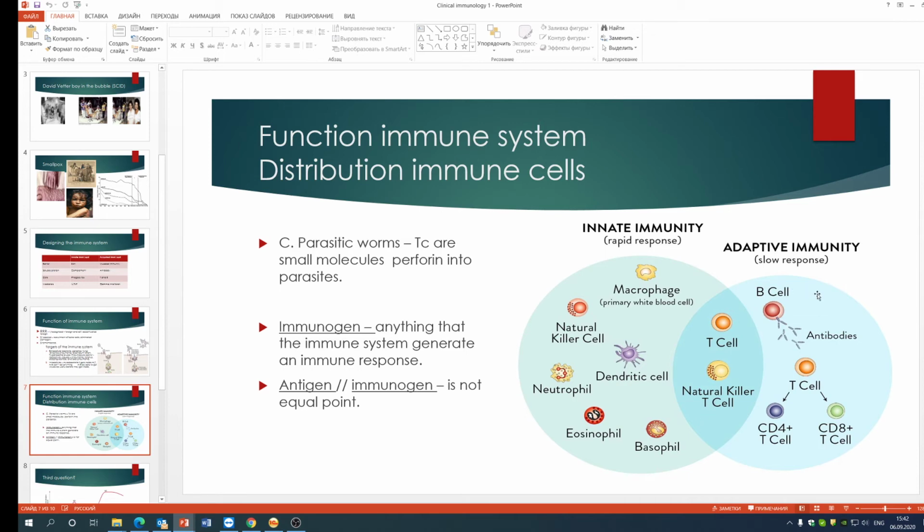B cells are present only in the adaptive immunity, as activated plasma cells producing antibody. T cells split into different cells, CD4 and CD8, which have different functions, of course, and activate each other.